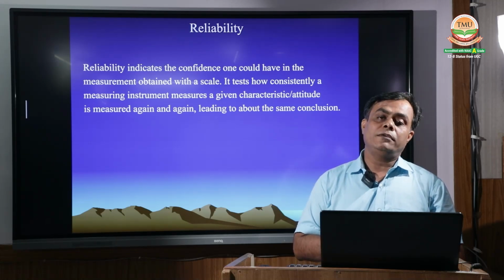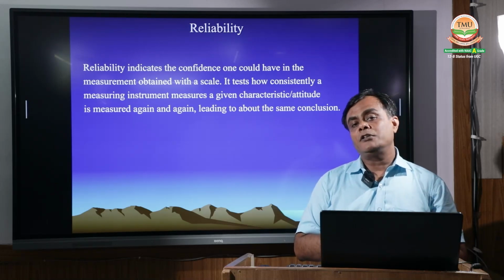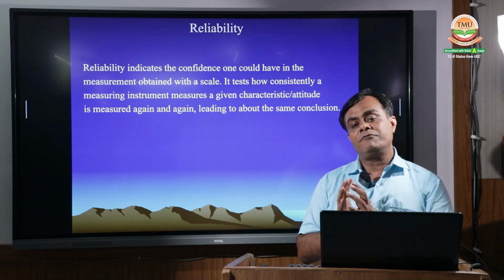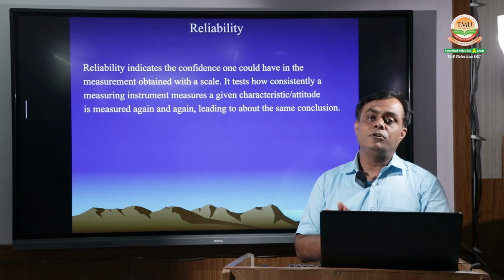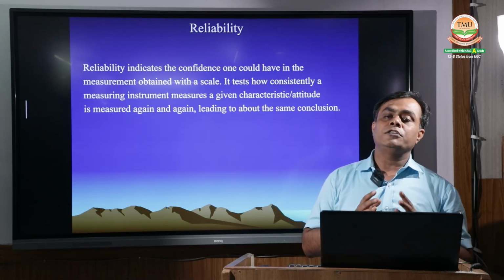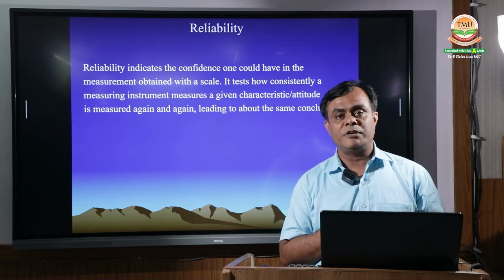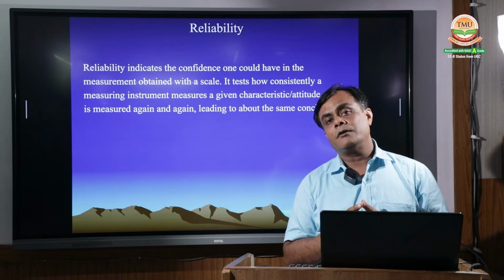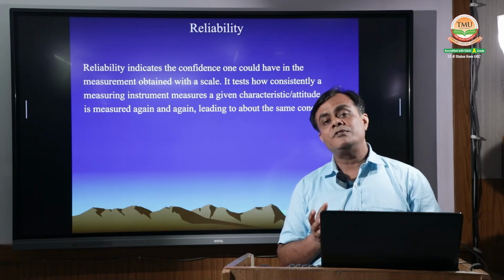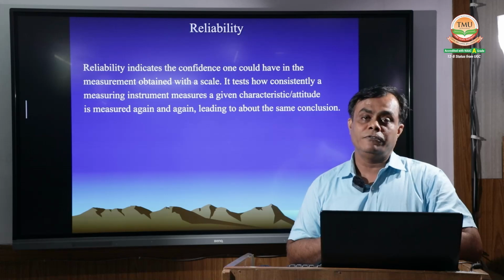Reliability simply means that over different time frames, if you use the same scale on the same phenomenon and get the same value, then that instrument is reliable. But if on repeating the measurement the value differs, then that instrument is not giving reliable information.